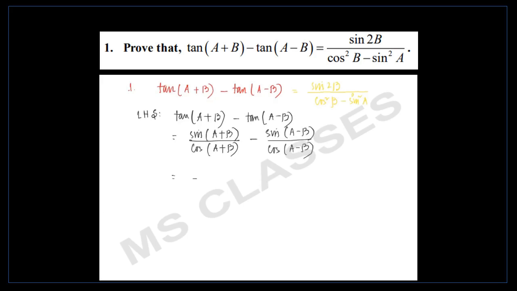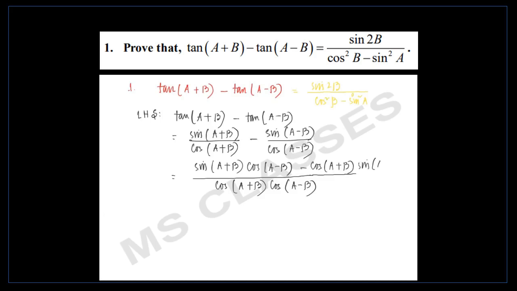After that we take the LCM. If we take the LCM, it is cos(A+B) into cos(A−B). In the numerator, sin(A+B) into cos(A−B) minus cos(A+B) into sin(A−B).